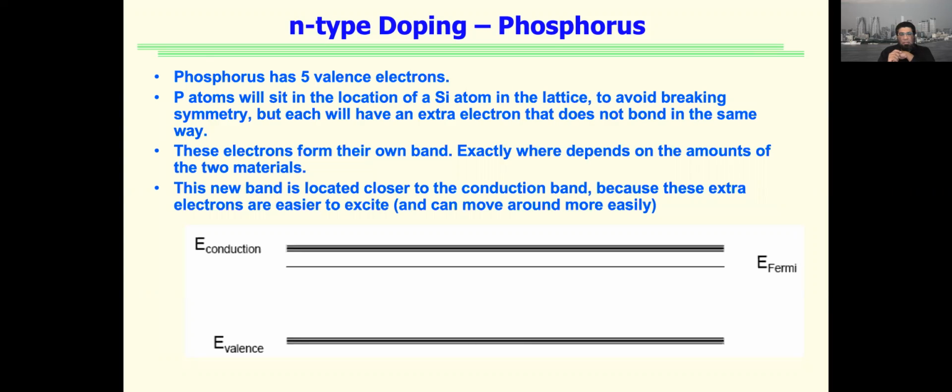So the probability of having more electrons dramatically has gone up because the Fermi level is close to the conduction band. For now, this is what I want you to remember, that if the Fermi level is close to the conduction band, it's n-type, many more electrons. But if the Fermi level is close to the valence band, it's p-type, many more holes in there.